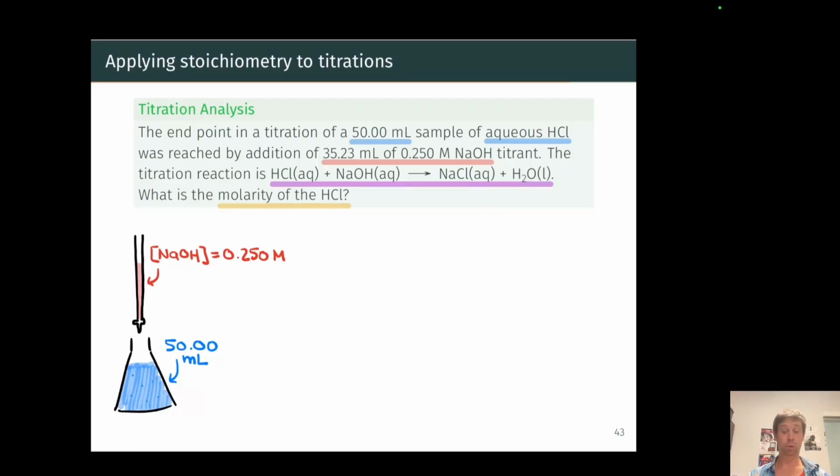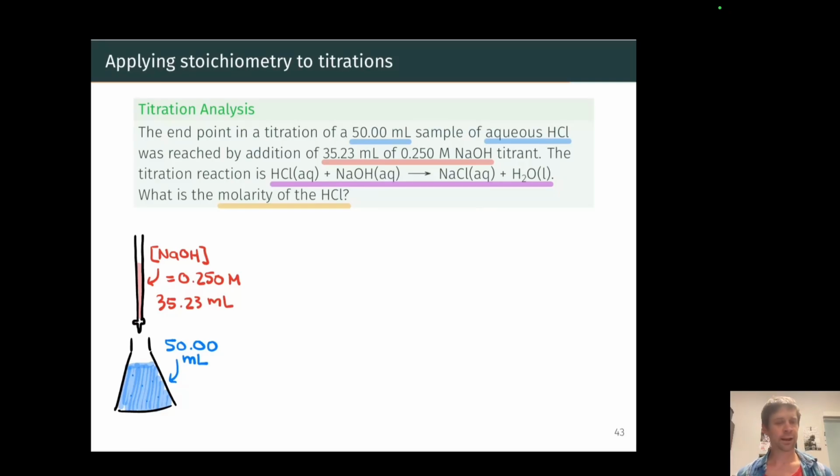That's going to be really important information, since that will tell us how many moles of NaOH we're adding per liter of solution added, or millimoles per milliliter of solution added. We also know from the problem setup that to reach the end point, we had to add 35.23 milliliters of this sodium hydroxide solution.